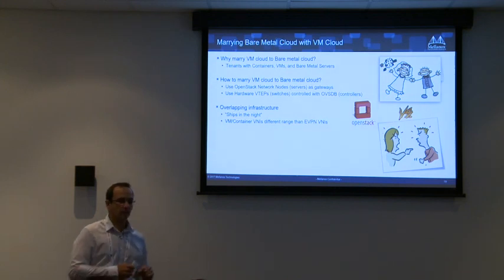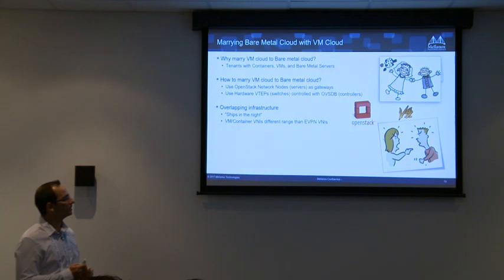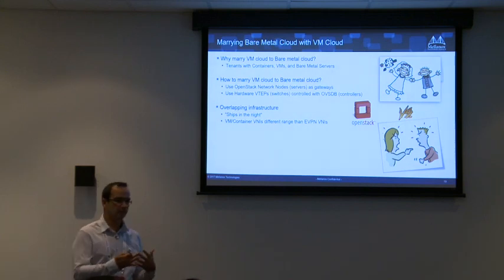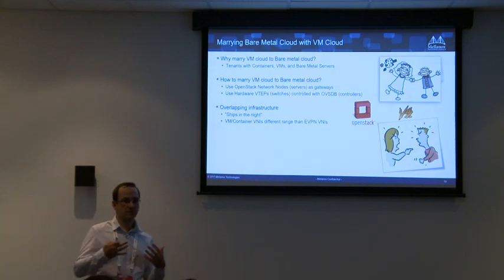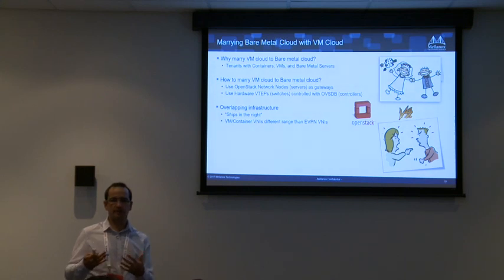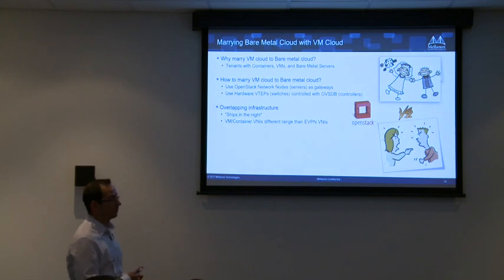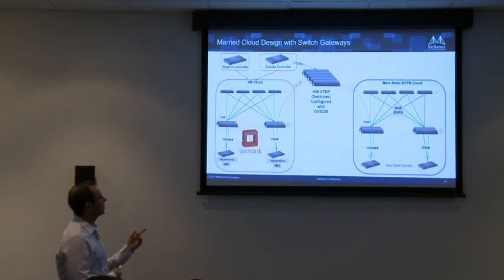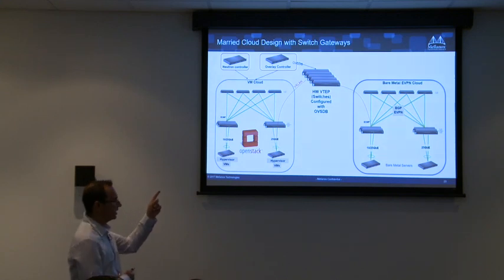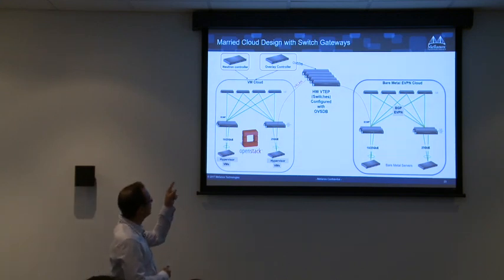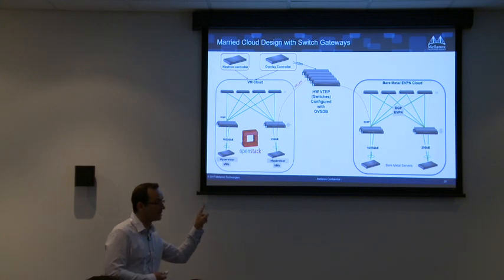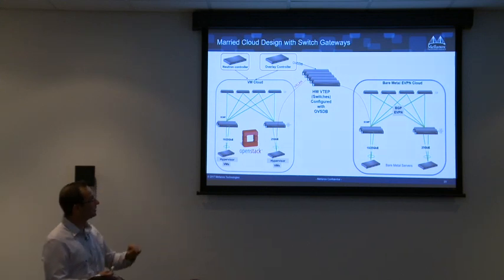Sometimes we actually have a customer, not sometimes, 2 customers, that want to marry 2 types of clouds. One of them is based fully on EVPN, a bare metal cloud, versus an OpenStack infrastructure, which is fully virtualized, no bare metal there. We can do that. The first one was using a controller. I don't remember the name, I think it was Midonet, and a Neutron on the same OpenStack design, and on another side, EVPN.